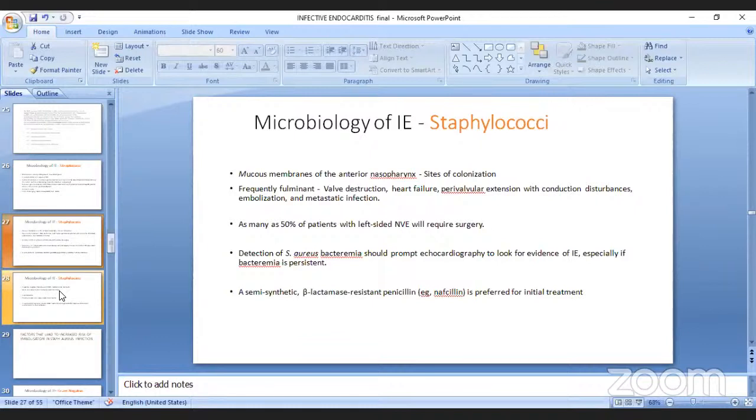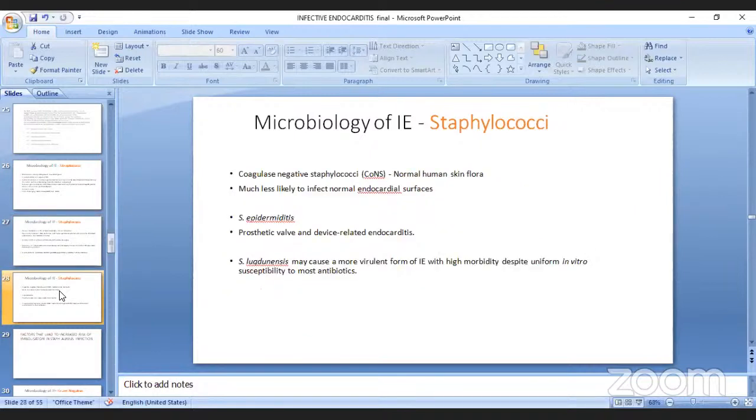Always and always. You will find either valve destruction, an abscess, or a perivalvular extension. Anything you can find. So this is what is important about your staphylococci.